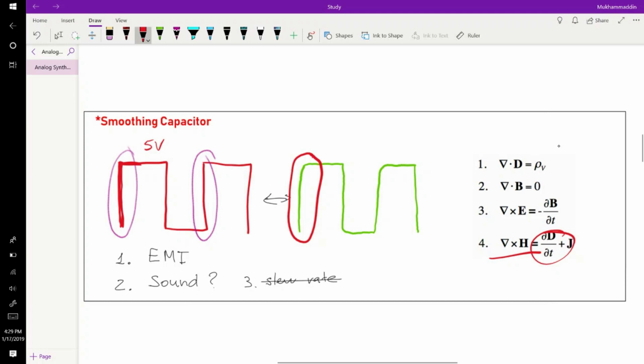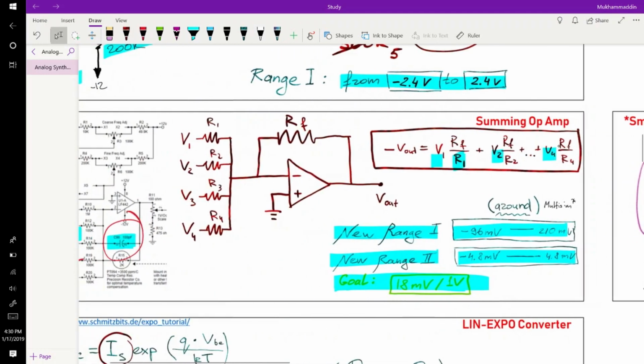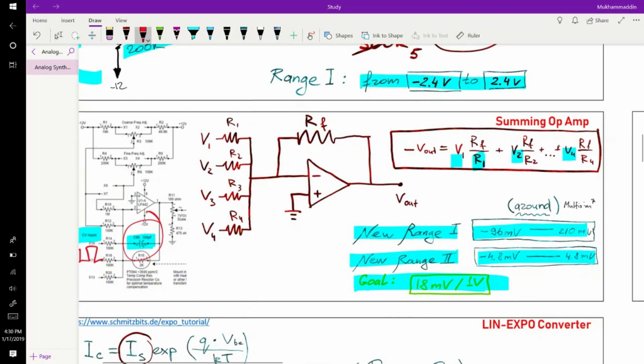Reason number two, I'm not sure, but I think when you have a very sharp edge, it might have an unpleasant acoustic effect related with that. And number 3, I wrote slew rate and crossed it out. Why? Because any op amp has a slew rate associated with that. So, what is a slew rate?